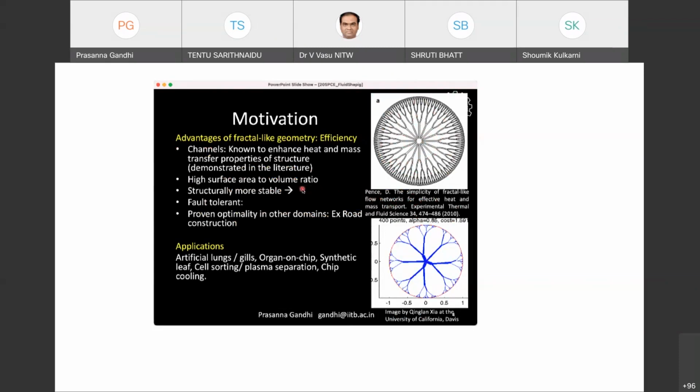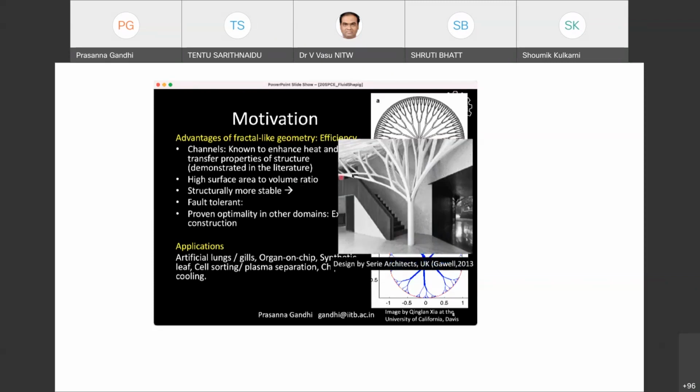of heat transport. And in the structural world, now that we have 3D printers coming up in the market in a big way, you can print these kind of parts very easily. So you can save a lot of material, and you can get these structures fabricated by 3D printing, and do a very efficient job in utilization of material.